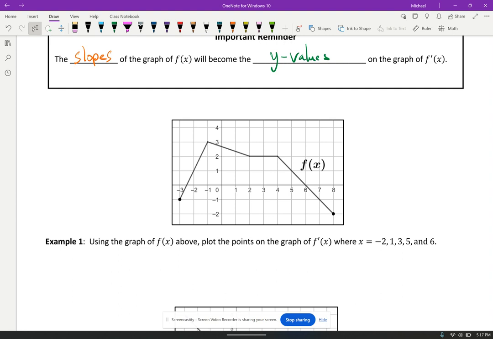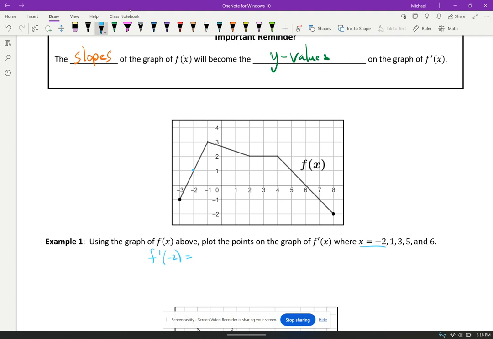So we're going to start with x equals -2. At x equals -2, that would be the y coordinate, the f value, right? F of -2 would be 1. But f prime of -2 would be the slope of this graph at x equals -2. Well, the slope of this line segment is 2 because I go 2 up and 1 over.